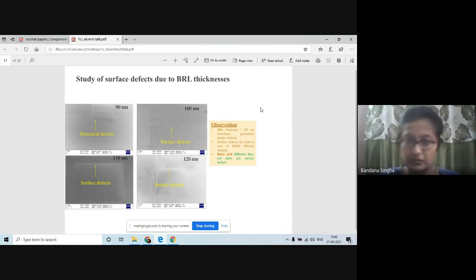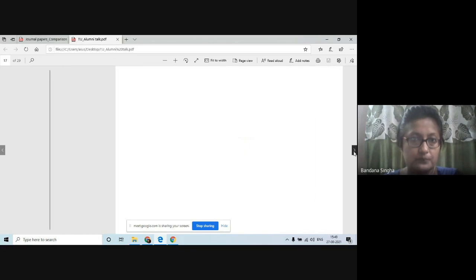When we have this type of thick boron rich layer on the surface, some kind of permanent defects are seen on the emitter surface, which is not at all desirable for the cell performance. We need to lower the boron rich layer below 20 nanometers so that such defects are not seen on the emitter surface after the diffusion process.